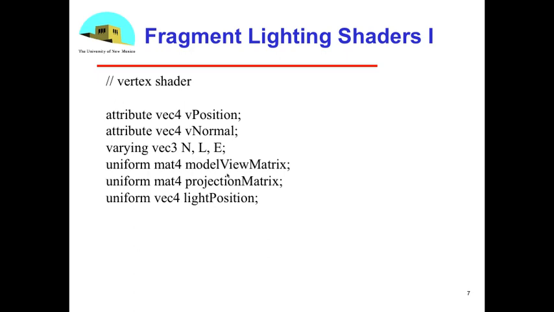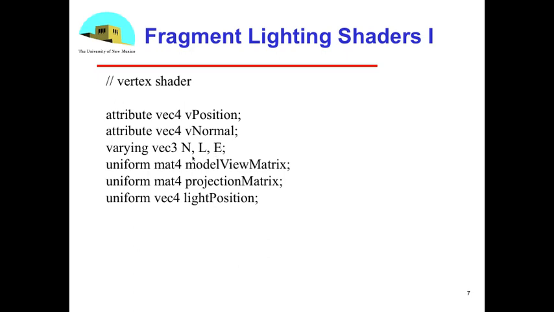But notice here that what I'm doing is I'm going to compute the normals at each vertex in object coordinates and send them out to the fragment shader, because the fragment shader is going to need the normal, the direction to the light source, and the direction to the vertex for each vertex that I process here, that will then be interpolated in the rasterizer.